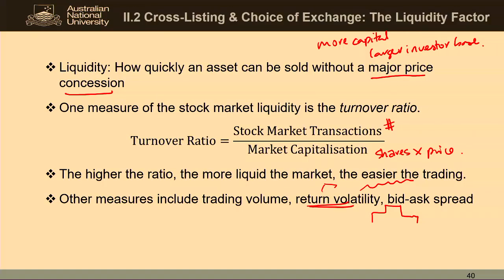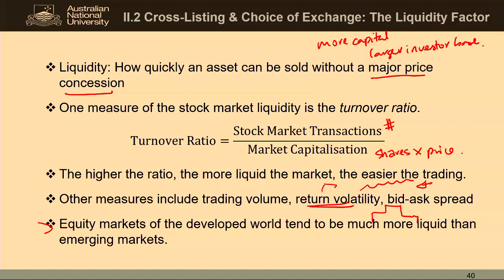Smooth or jumpy? Smooth, right? Because if it is smooth, that means the market is very liquid. You're not taking on big price differences. Whereas if it is very jumpy, very discrete, then there are huge differences in the prices. So we want more continuous price movements in liquid markets.